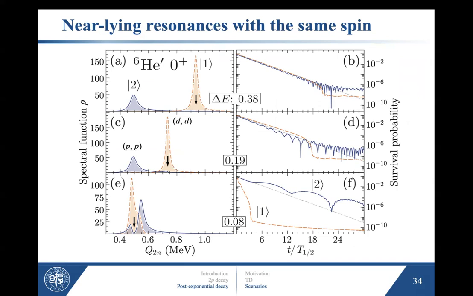To study these situations, we build an artificial helium-6, and we construct two 0+ resonances. One is dominated by P wave, another one is dominated by D waves. We push them closer and closer to each other, and see how the decay properties change.